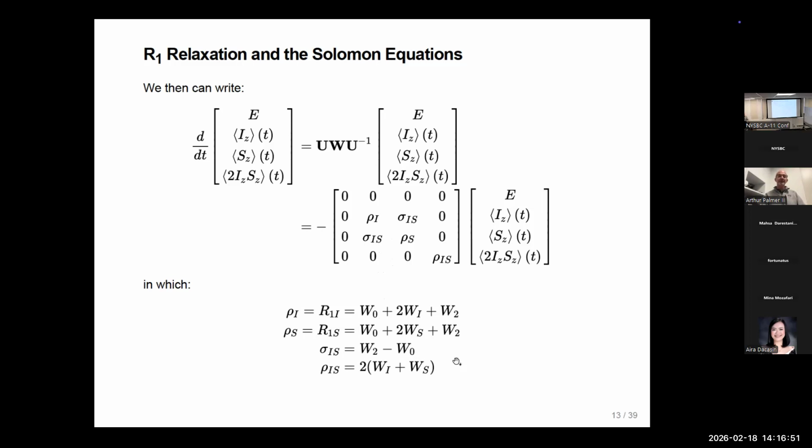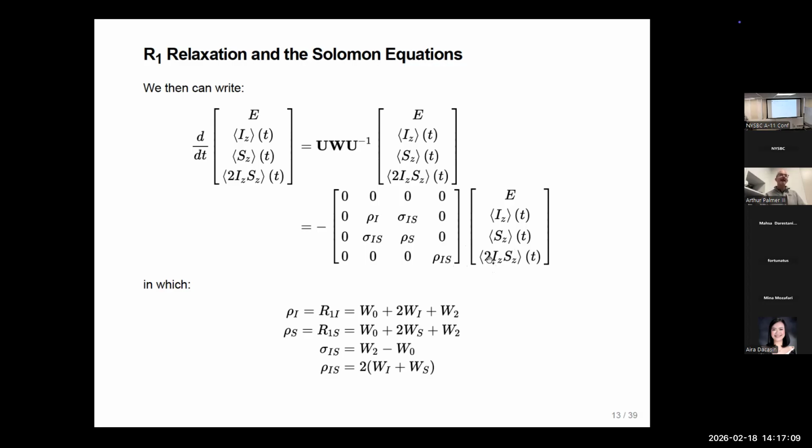In this picture, there is no exchange of magnetization between SZ and 2IZSZ.